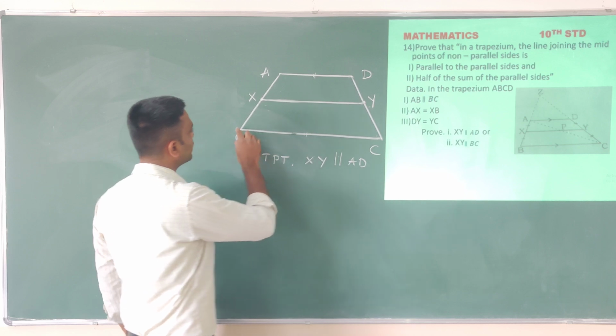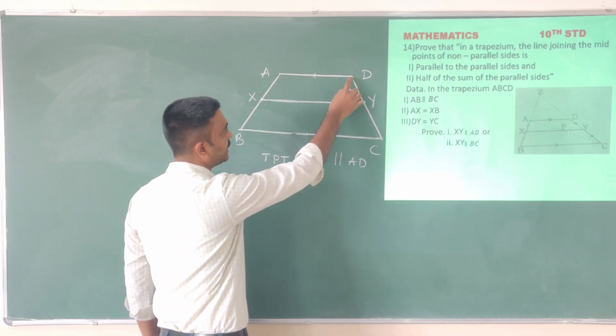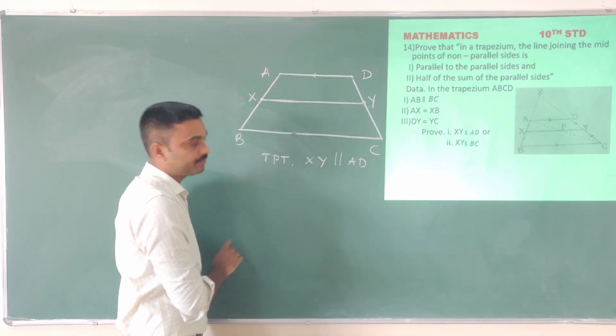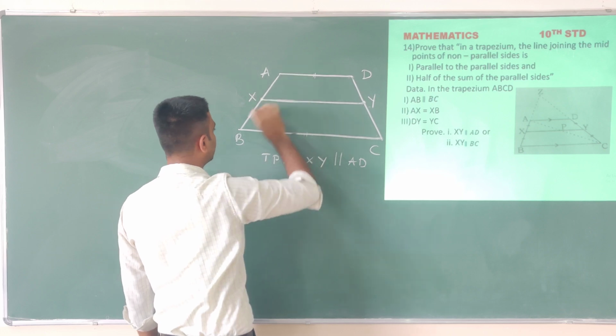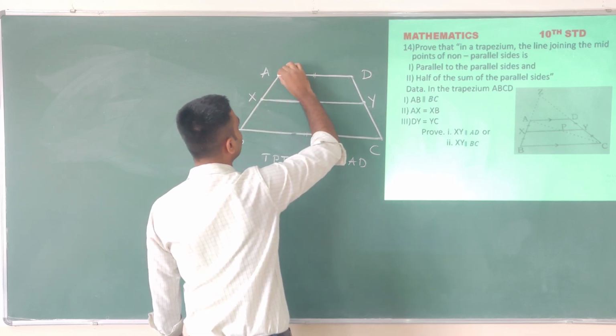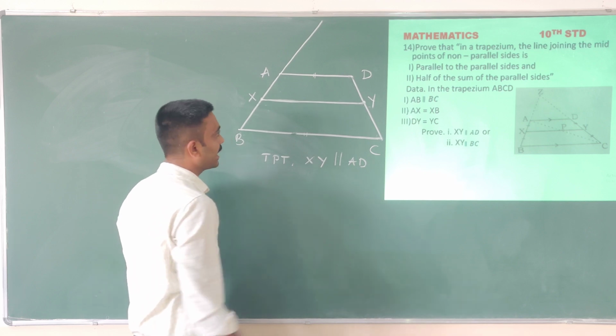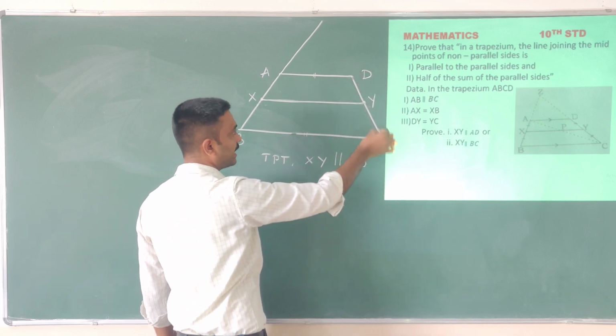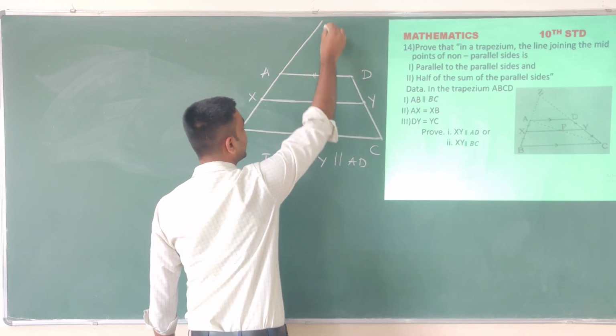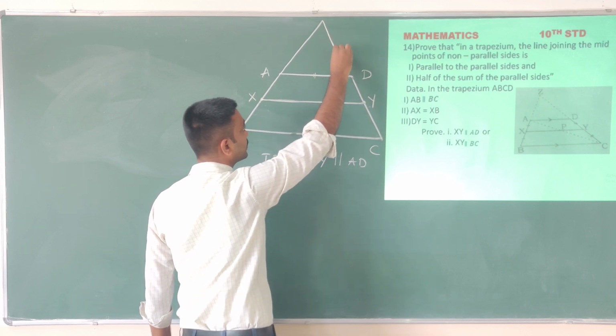Now extend BA and CD to meet at some point in the plane. Let us extend BA to complete the triangle, and again extend the side CD to meet the extended line at some point.